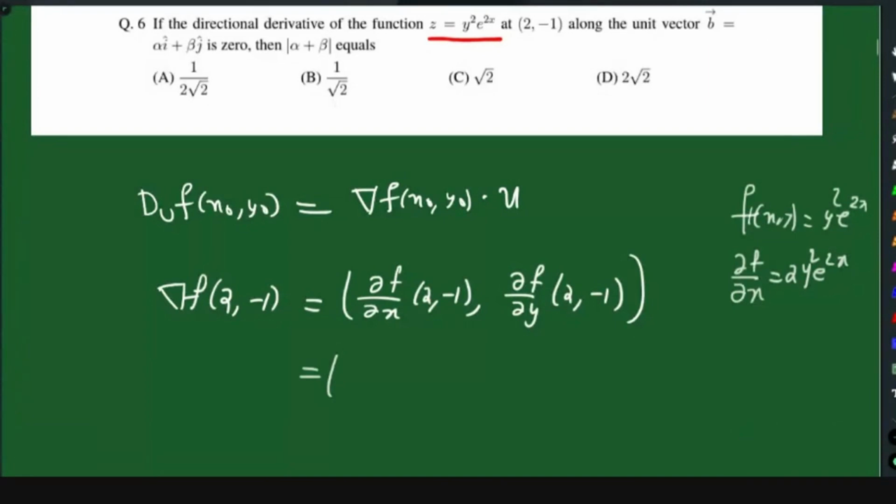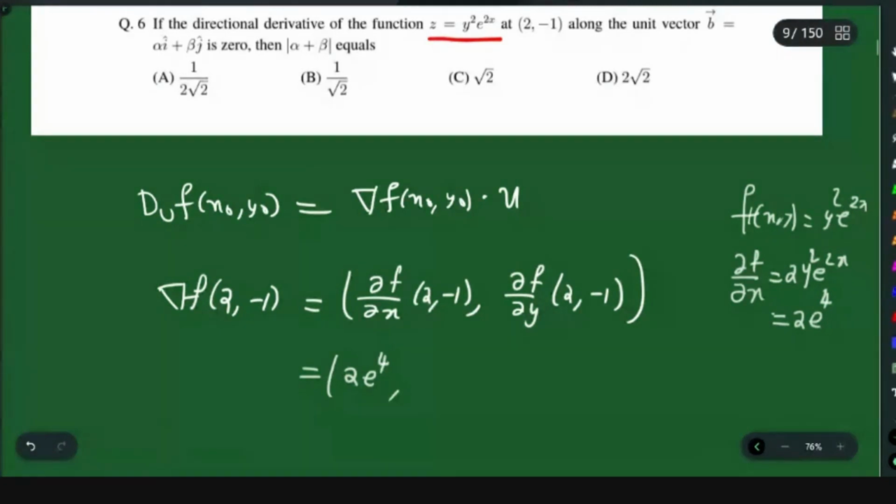Dou f by dou x at (2, minus 1) you have to find. Once you give (2, minus 1), you will get y is minus 1 and x is 2. So it is 2 e raised to 4 that will come, right? So here you will get 2 e raised to 4.